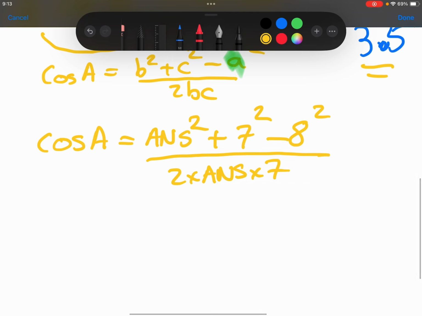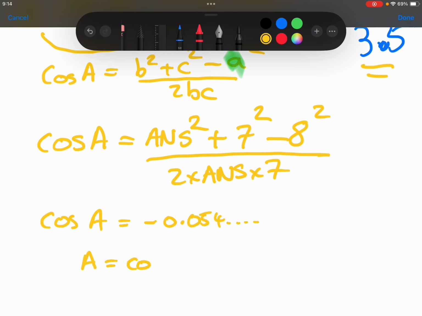So typing that into my calculator. The answer squared plus 7 squared minus 8 squared divided by 2 times the answer times 7. And I get minus 0.054.